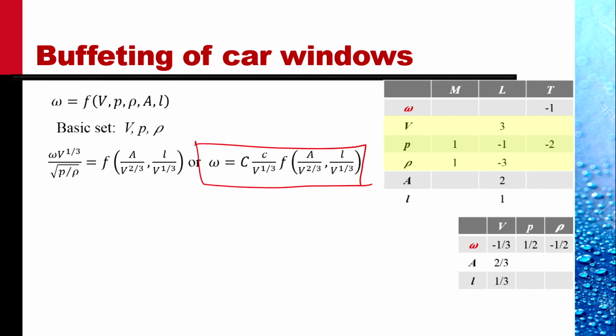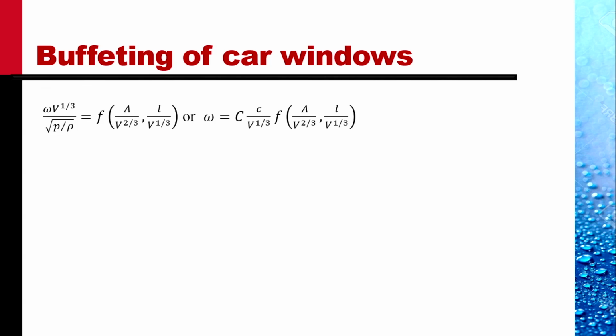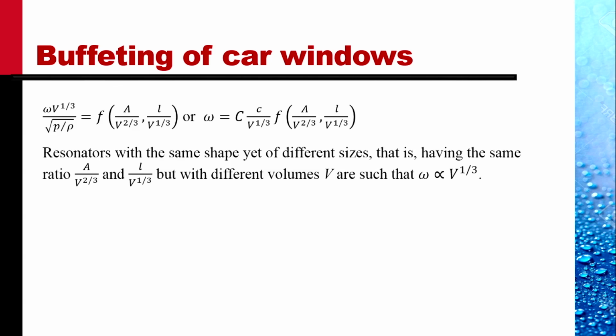Can we get further information from this? That functional relation is repeated here. Resonators with the same shape yet of different sizes, that is having the same ratio A divided by volume raised to power 2/3 and length divided by volume raised to power 1/3, same values, different sizes, but same shape.